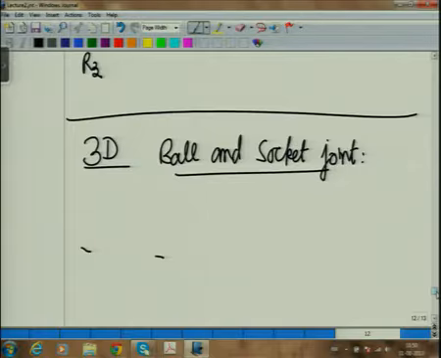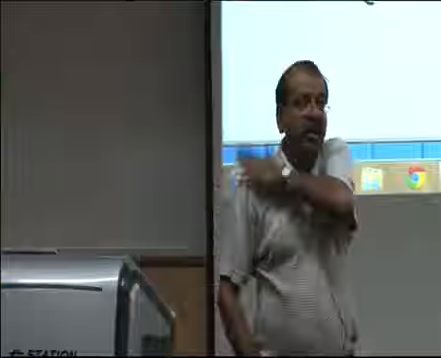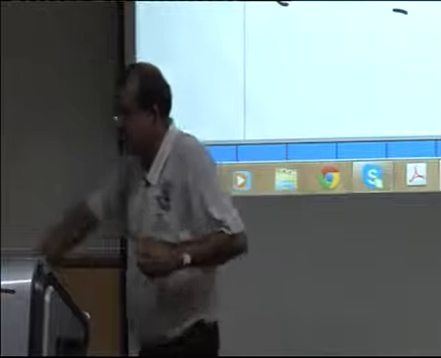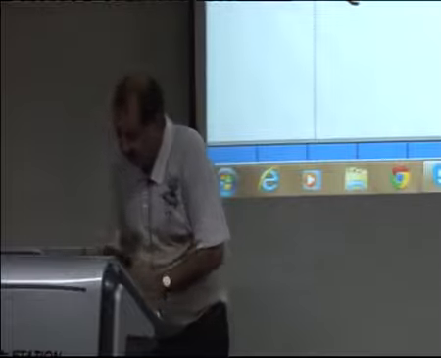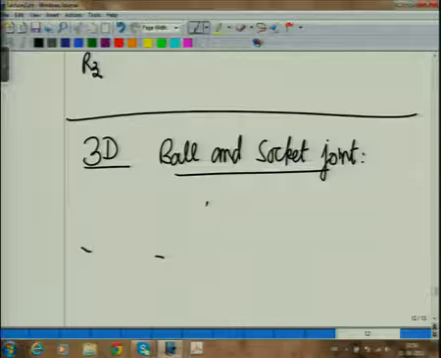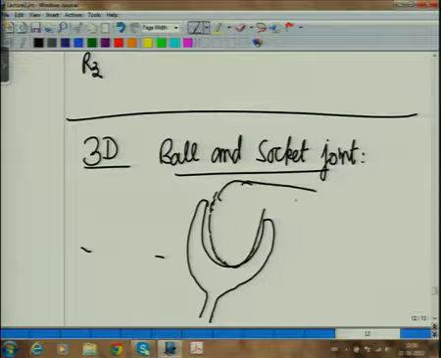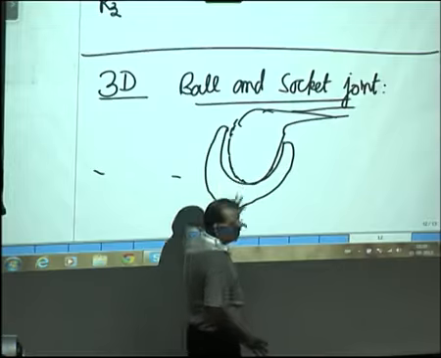Our shoulder, this joint here, the shoulder connected to the body, is a ball and socket joint. In a joint like this, there is what we call a socket, in which a spherical ball sits. For want of space, I have not made it vertical, I have just turned it around, but it could go up also. So this is a ball which sits in this.